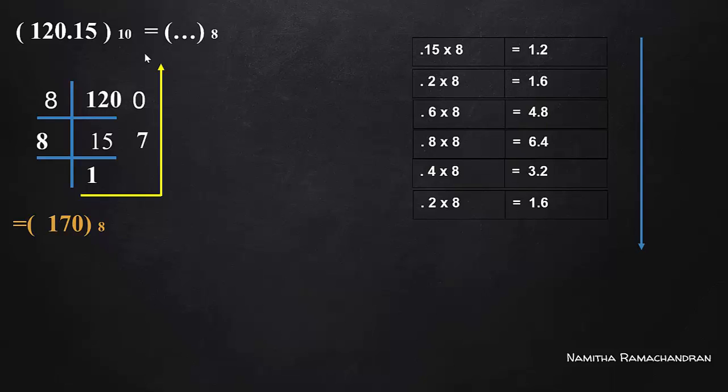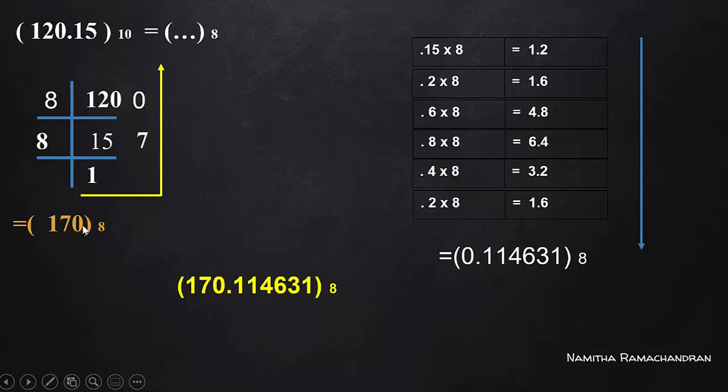But if we need a more accurate, exactly equivalent octal value for this 0.15 in decimal, we need to consider more and more product values. Now I am going to stop here, and arranging these values gives the fractional equivalent of 0.15 in octal as 0.114631. So the octal equivalent of 120.15 in decimal is 170.114631.